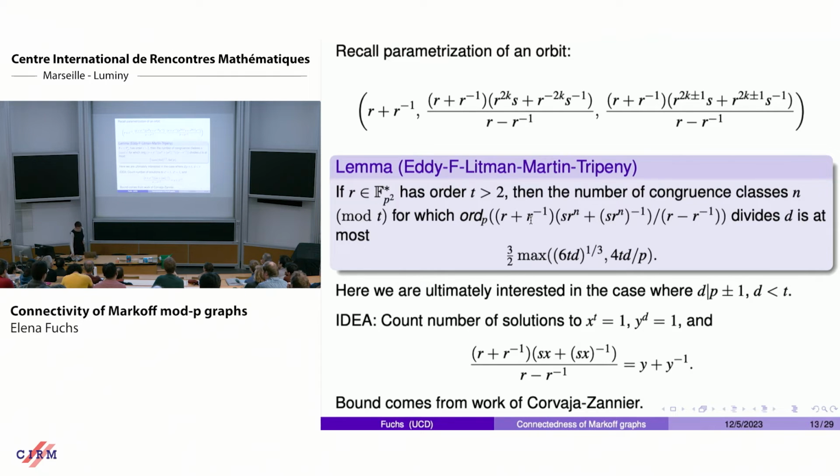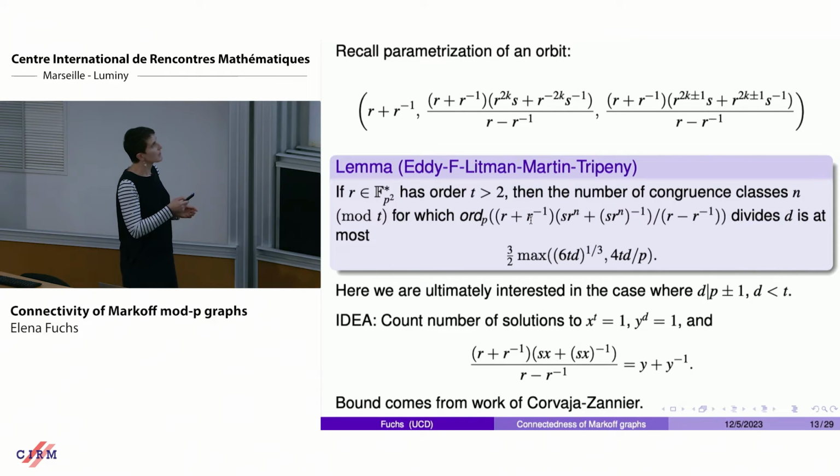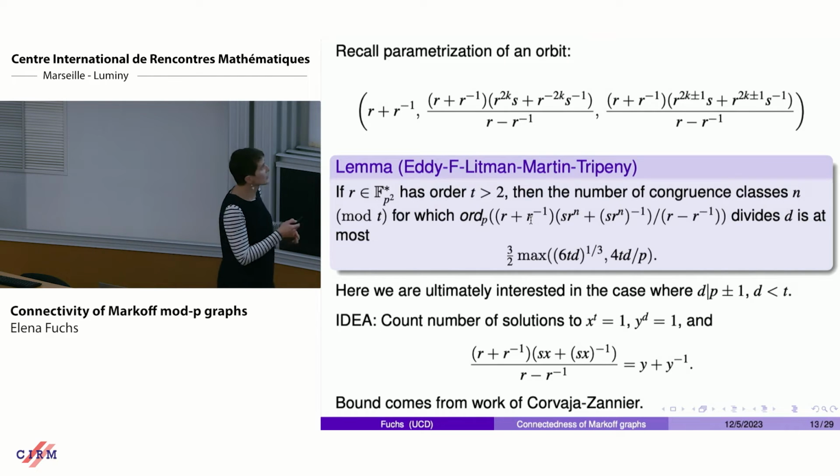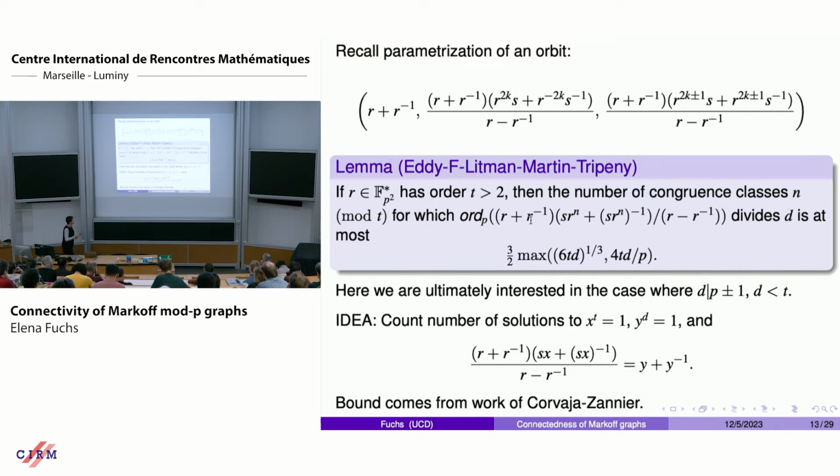Okay, so where does this bound come from? What you're doing is counting the number of solutions to the following. Here is exactly this expression, except I replaced R to the n by x. So basically, I think of R to the n as something where you take it to the tth power and you get 1. We just want an upper bound, so this is fine.